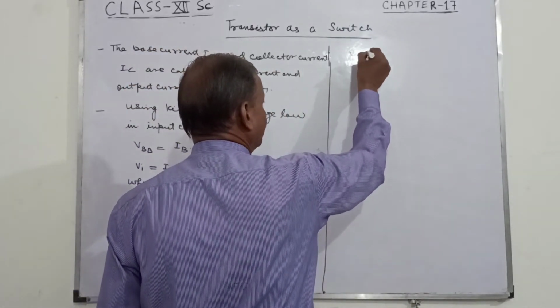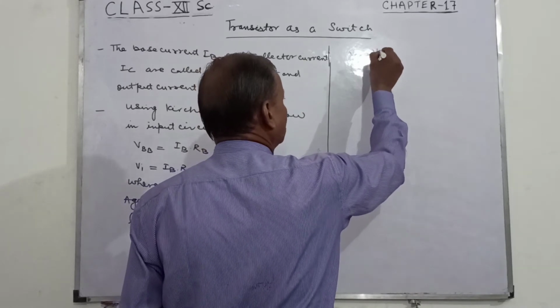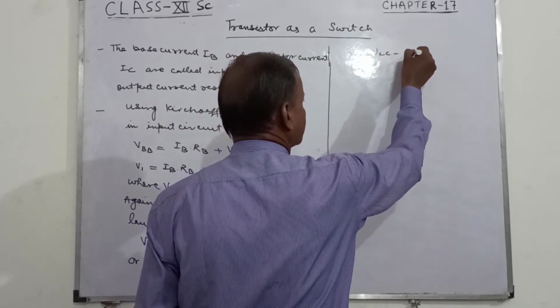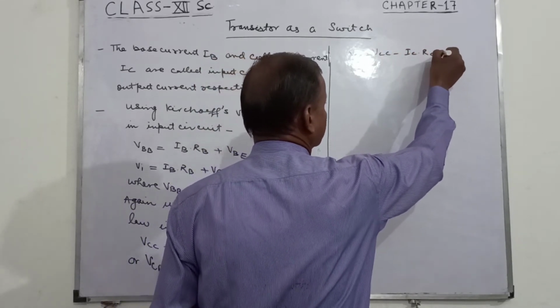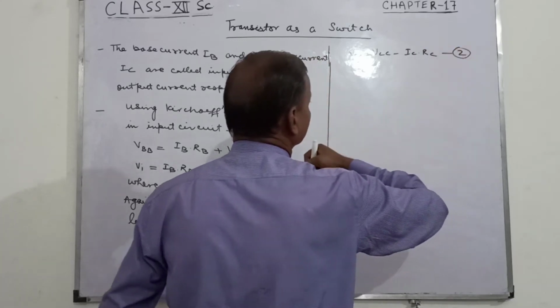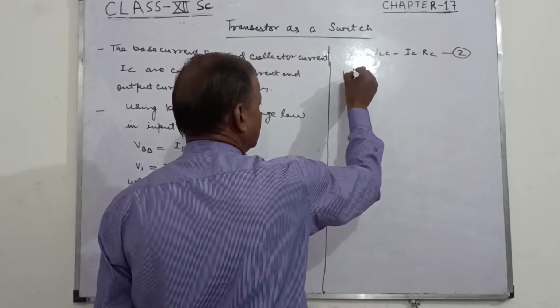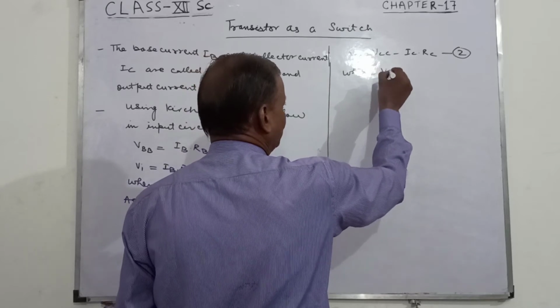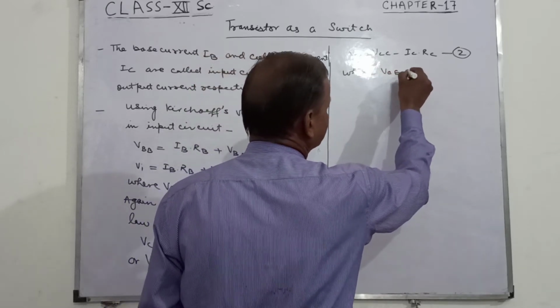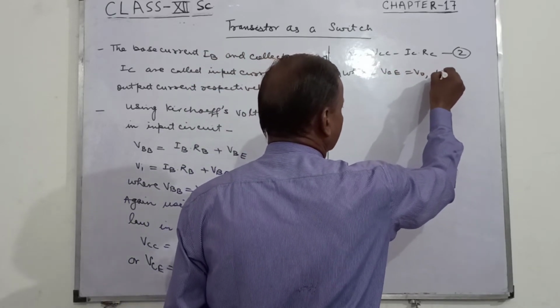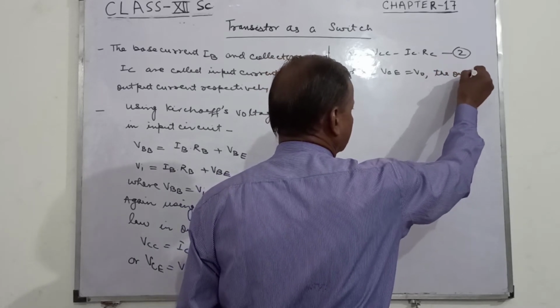VCE, this is equal to V naught equal to VCC minus IC into RC. This is equation number 2, where VCE is equal to V naught, the output voltage.